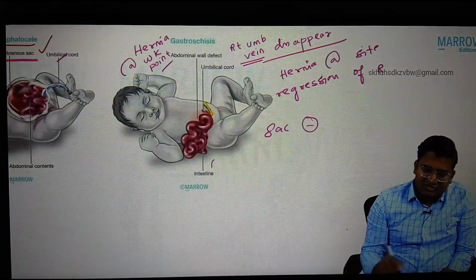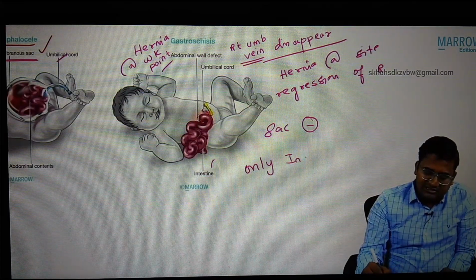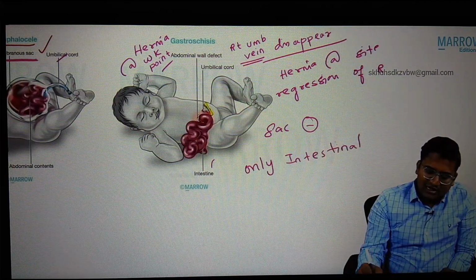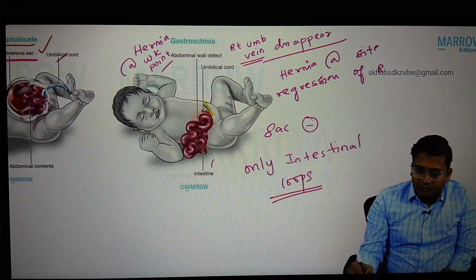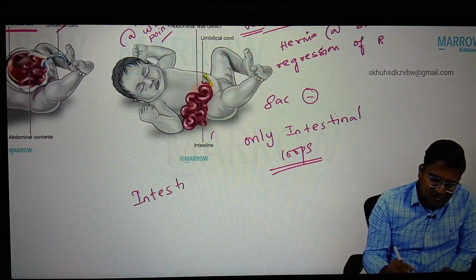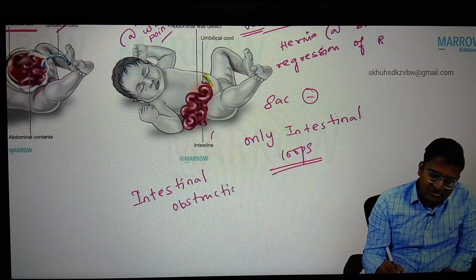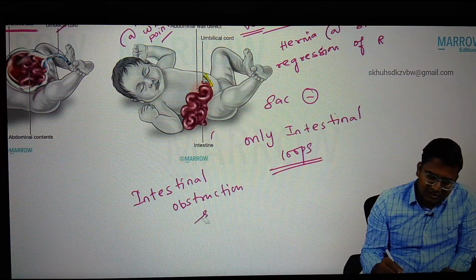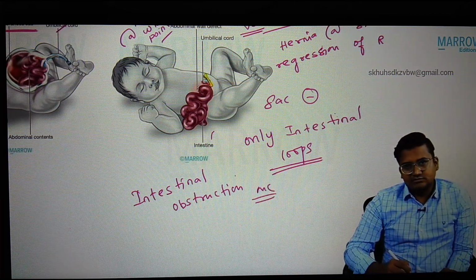Whereas in gastroschisis, only intestinal loops are seen. Because of that, intestinal obstruction is the most common feature of gastroschisis.